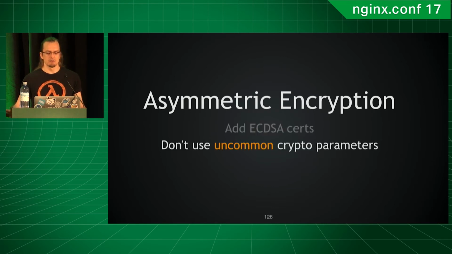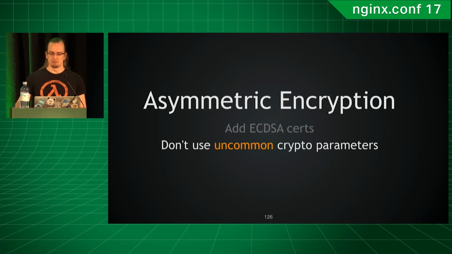And another piece of advice is don't use uncommon crypto parameters. Let me elaborate on that. First of all, uncommon crypto is not really the best from a security standpoint, so you should do that only if you know what you're doing.